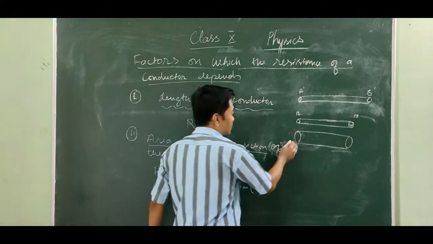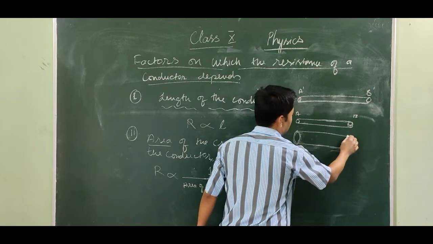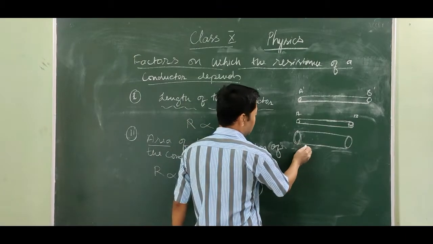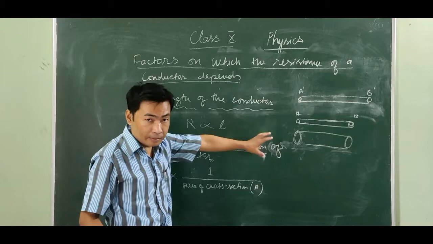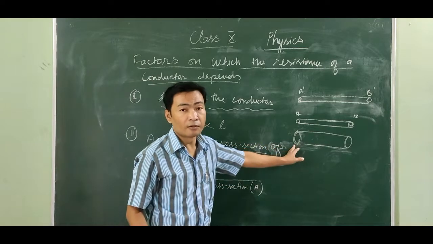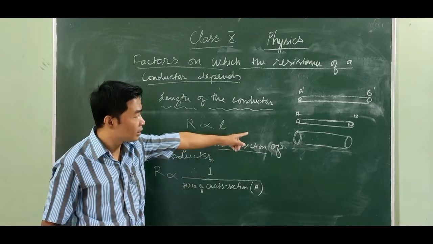This is a conductor, this is the area, the diameter you see here. If the area or the diameter is larger, that conductor will have less resistance, which means inversely proportional to the area.